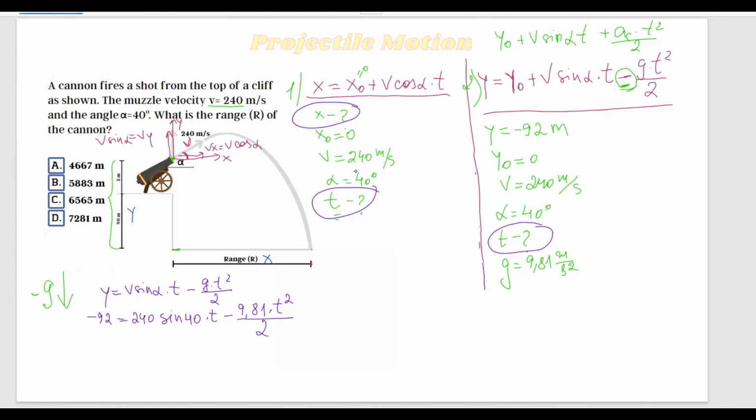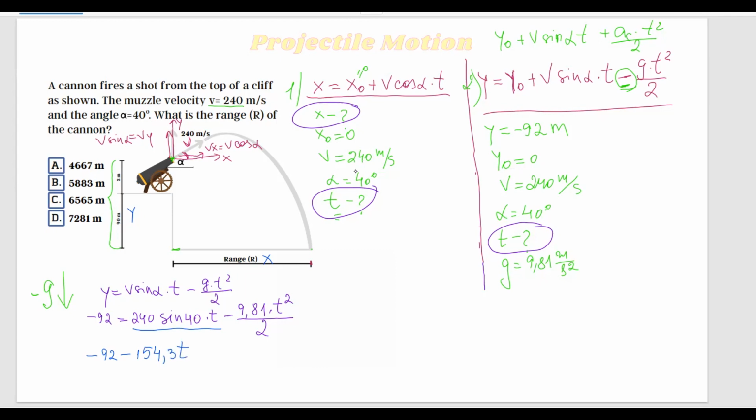Okay, so now we can simplify this a little bit. I'm going to do minus 92, and I will take everything on one side. So let's calculate for this member. This is going to be 40, and this is in degrees, so I have to set the mode to degrees. So I have 40 sine, and then 240 multiplied. If I take this to the other side of the equal sign, that's going to give me a negative value of 154.3 t.